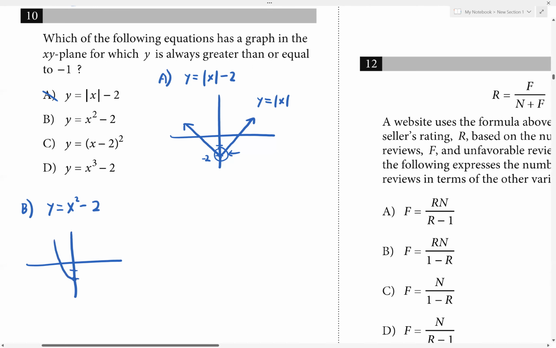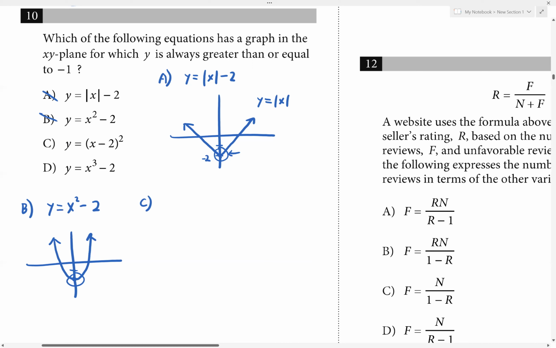So it should be something like this. And by the same reasoning, we have something down here below -1, so it doesn't work. Anytime we have a minus number at the end, that's a vertical shift down 2 units, so it doesn't work.